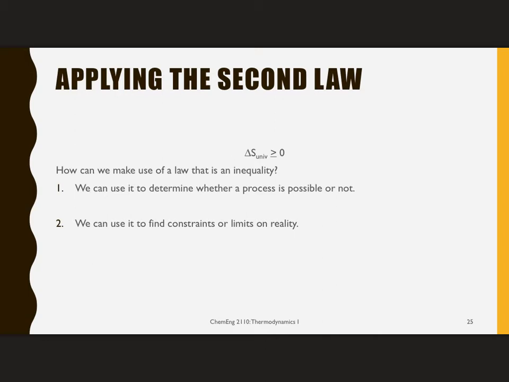We also can use this to find limits on our reality. So perhaps I know that this works. How far can I push this variable or that variable and still have something that will function?